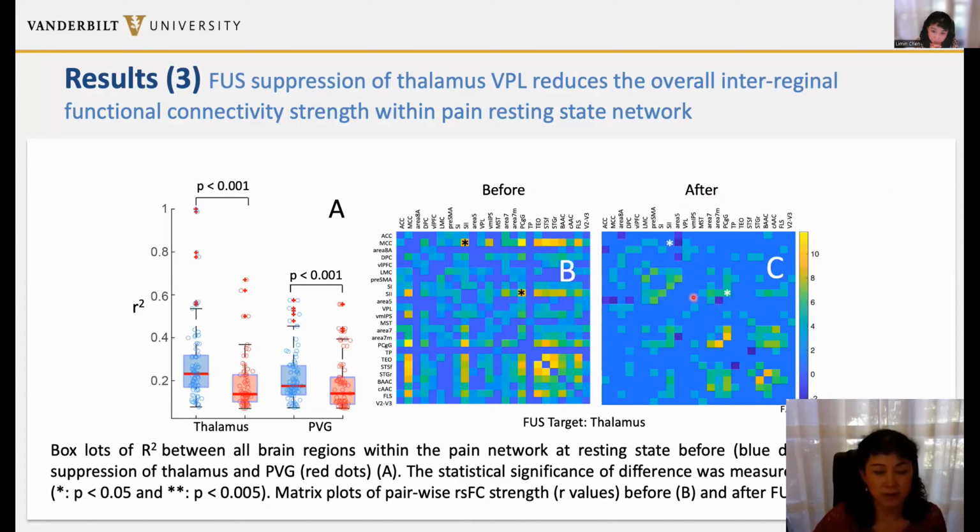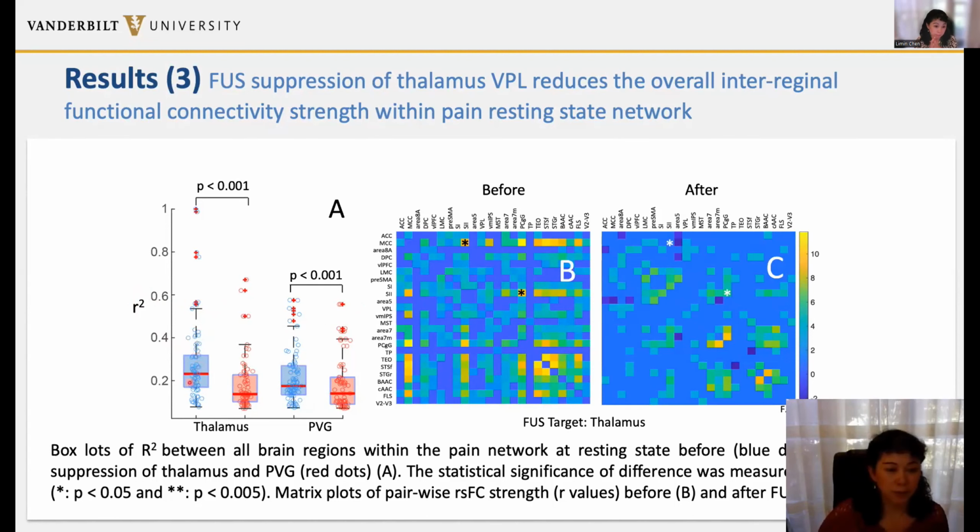The overall intensity is cooler in color. Even though for some of the areas the activity may increase, like these two or this one region. When we put all the inter-pair connectivity together, regardless of each individual area, and show it here, that is the overall R-square value of the inter-area connectivity strength.